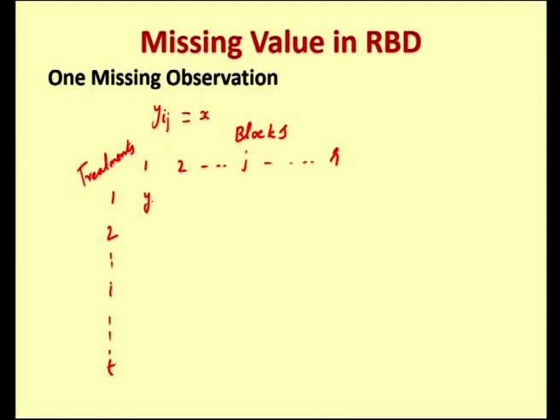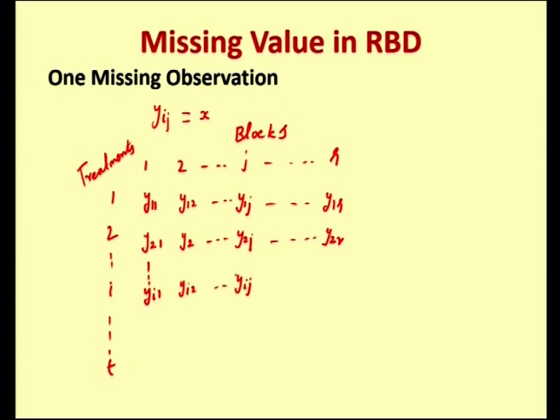So, the first yields will be denoted by Y11, Y12 and so on, Y1J up to Y1R, and here Y21, Y22, Y2J up to Y2R, and Yi1, Yi2, Yij, and we assume that this observation is missing and it is taken as X. This is Yir, and for the tth treatment we have Yt1, Yt2, Ytj up to Ytr.